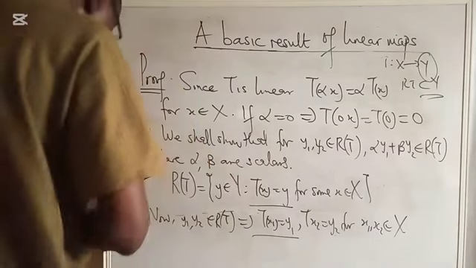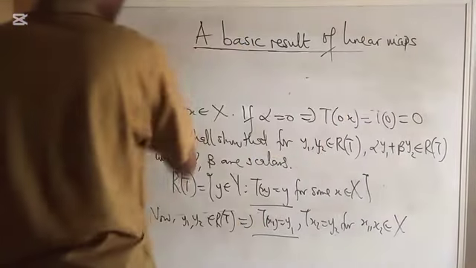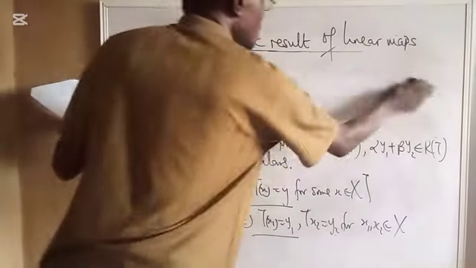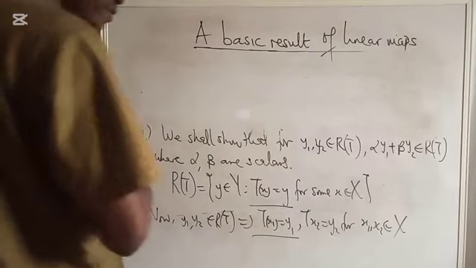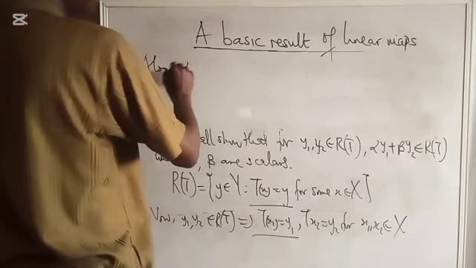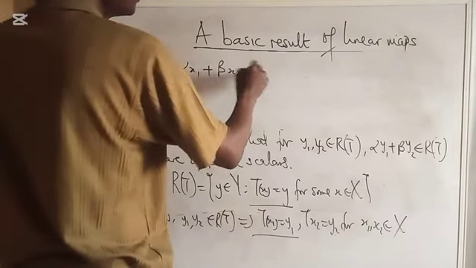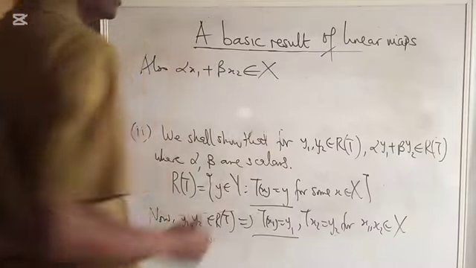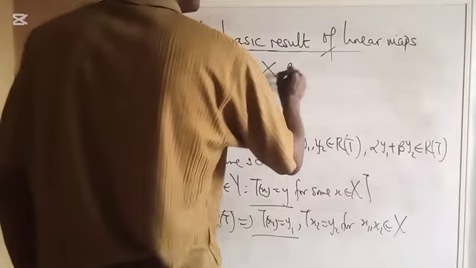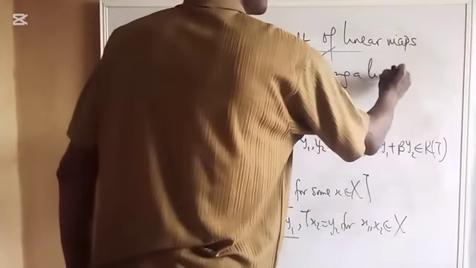Now, you could equally have alpha x1 plus beta x2 also be in X. Why? Because X is a linear space.